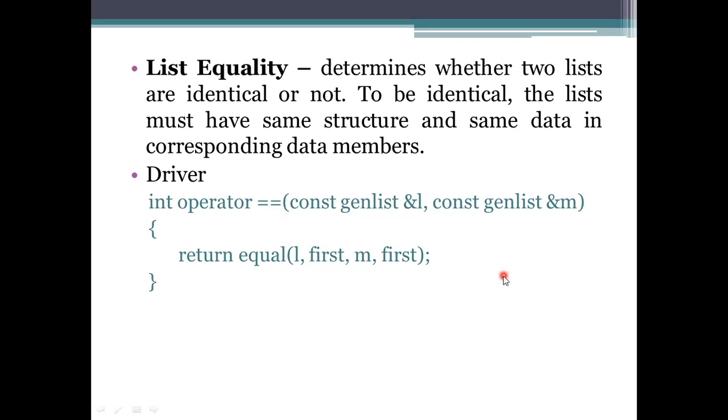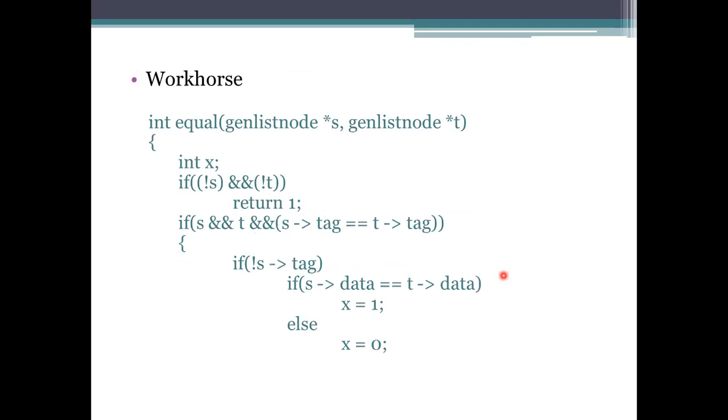And if you need to provide a complete representation, the data also has to be checked. First check for the structure. Structure means whether it consists of atoms or lists, we need to see. And later what we have to do is compare the elements of the structure there. For the atom, A is an atom in the first list, then in the second list A has to be considered an atom only.